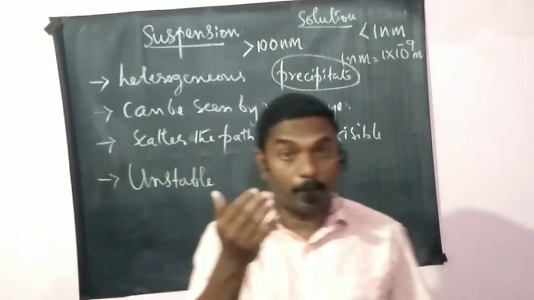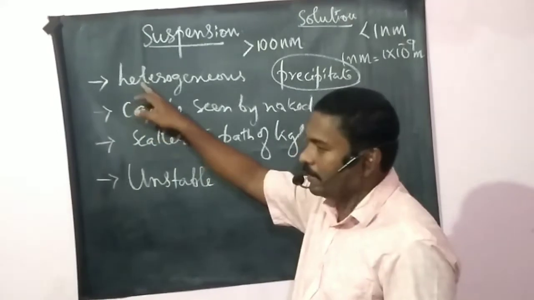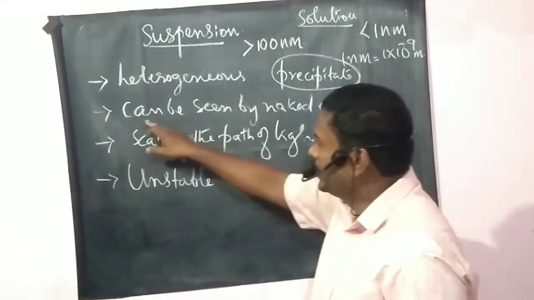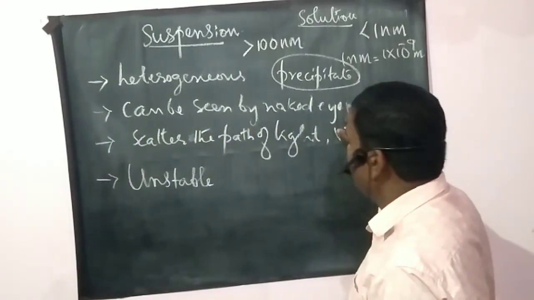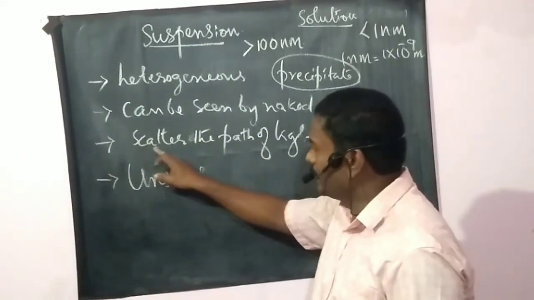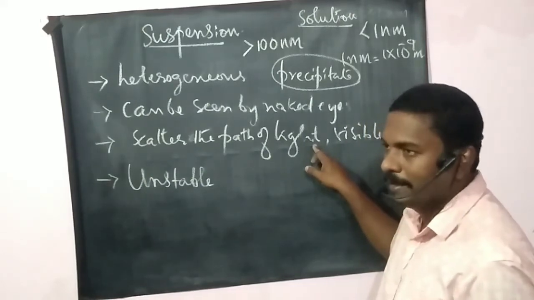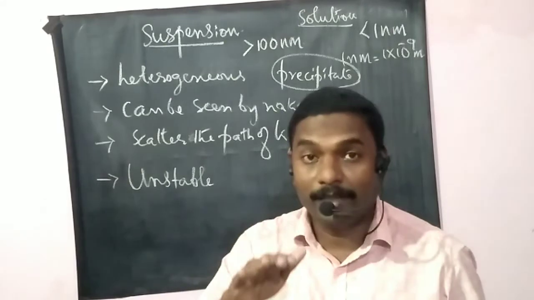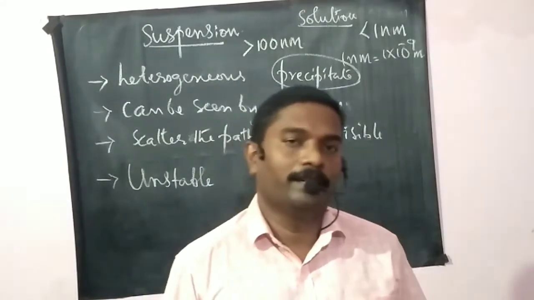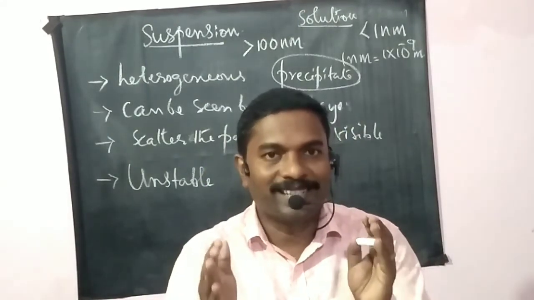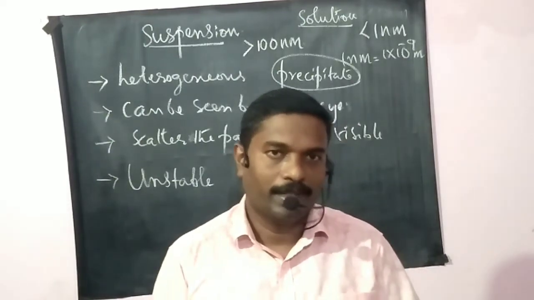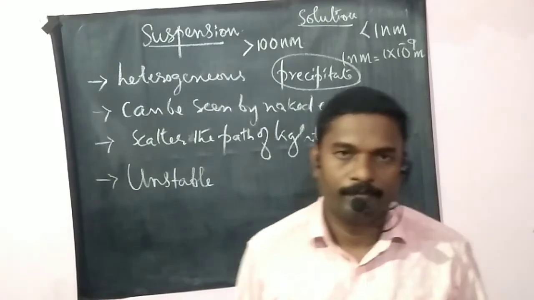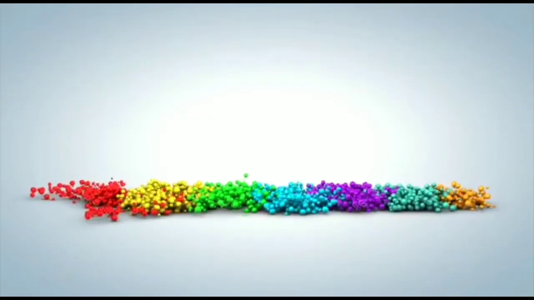Then what were the properties? First, they are heterogeneous. Second, they can be seen by the naked eye and they scatter the path of light, hence the path is visible. And finally, they undergo precipitation when kept undisturbed for some time, and hence we can say they are unstable in nature. Okay? Thank you.